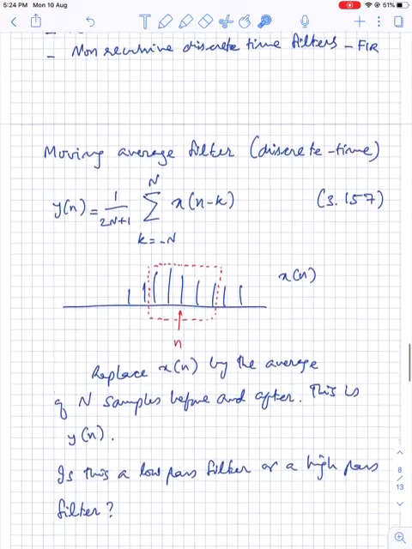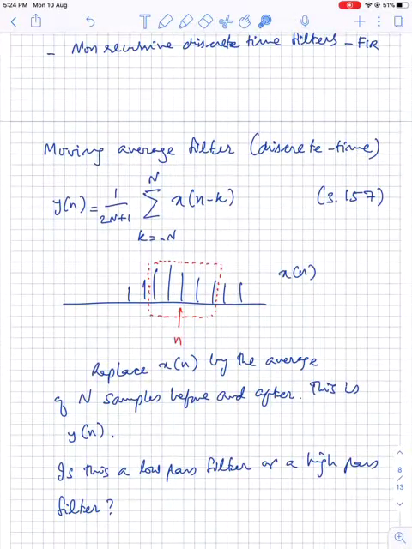But now we will look at one particular example of a discrete time filter, which is the moving average filter. We have seen the moving average filter earlier when we were studying systems. So the moving average filter looks like this. This is the relationship between input and output. Your output y of n is nothing but the averaged value of the input over minus N to N with respect to n.